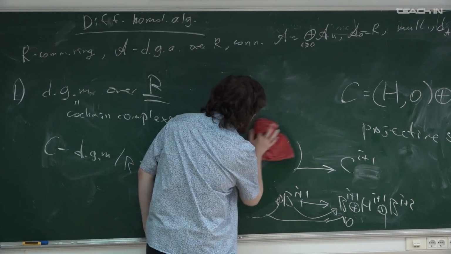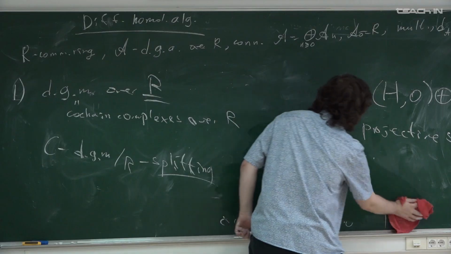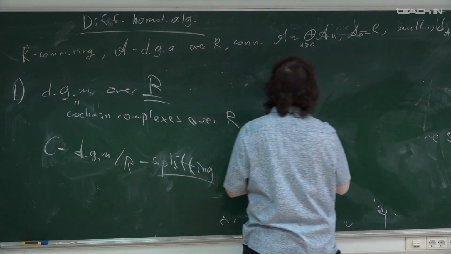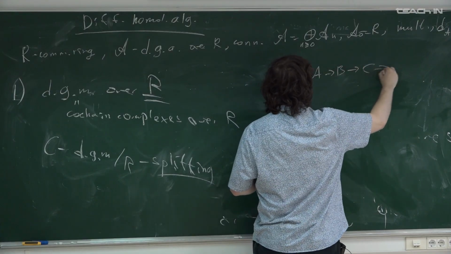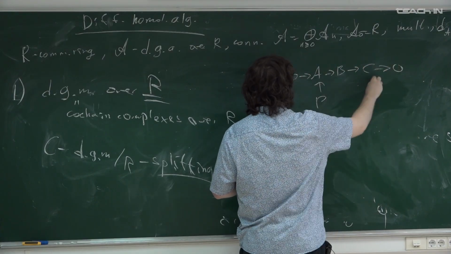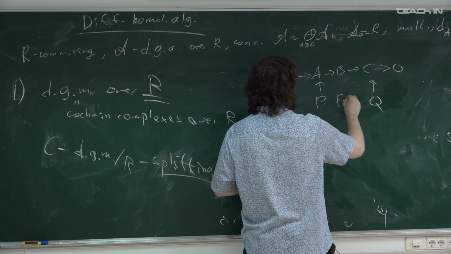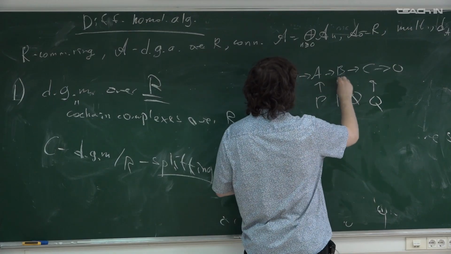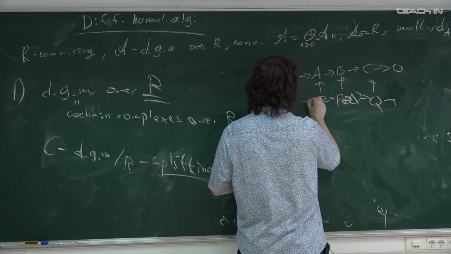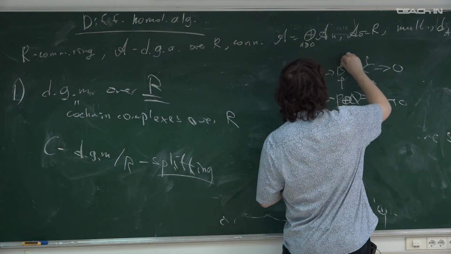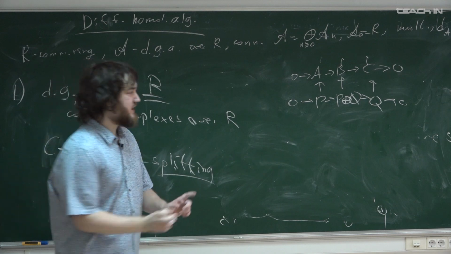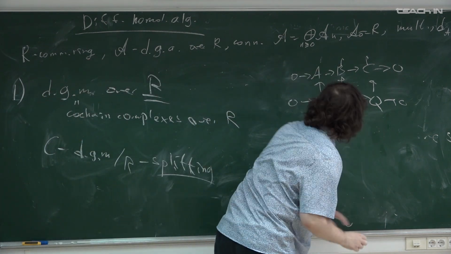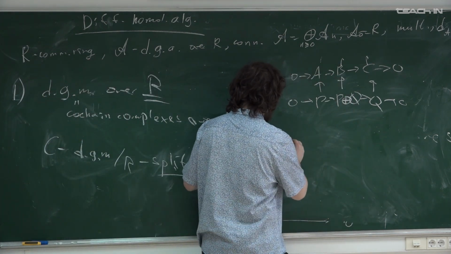It's a generalization of this: if I have a short exact sequence of modules, and I have two resolutions here, then I can construct a resolution in the middle as a direct sum. It's the first lemma, and with this lemma, each chain complex I can divide by short exact sequences.